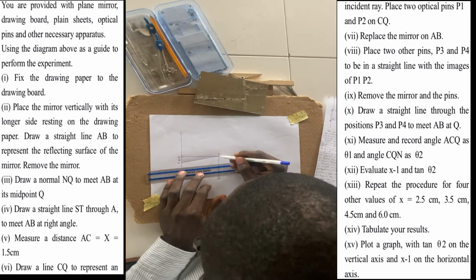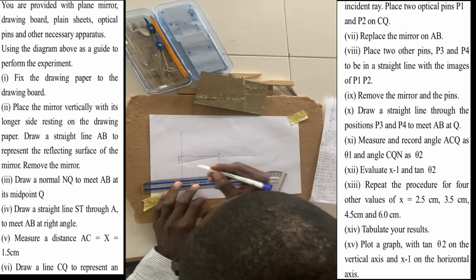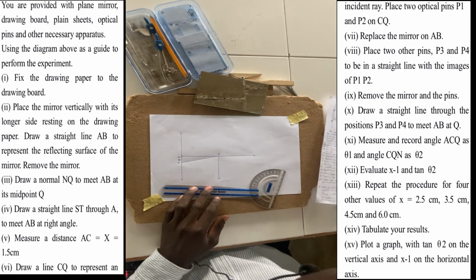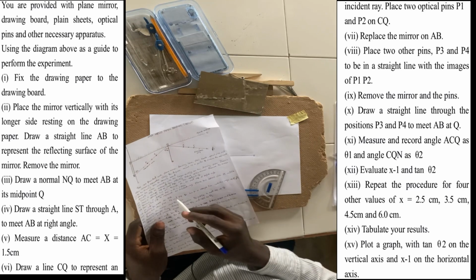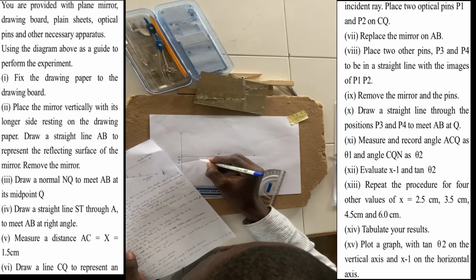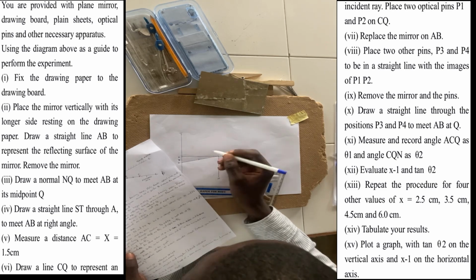This is line CQ, which is an incident ray. You can put an arrow there showing there is an incident ray.